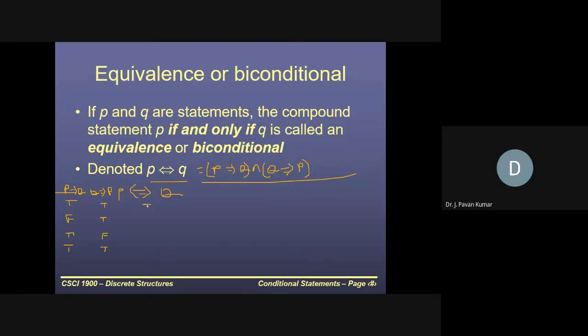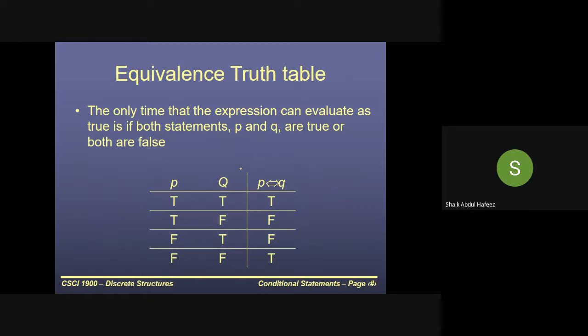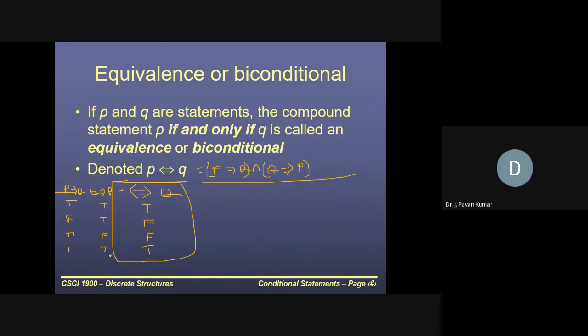Next, false, true, just AND operation: false. False. Next, true, false: false. False. Next, true, true: true. So this is the truth table for P biimplies Q. Clear? Last one is true, true, here we are having true and true.